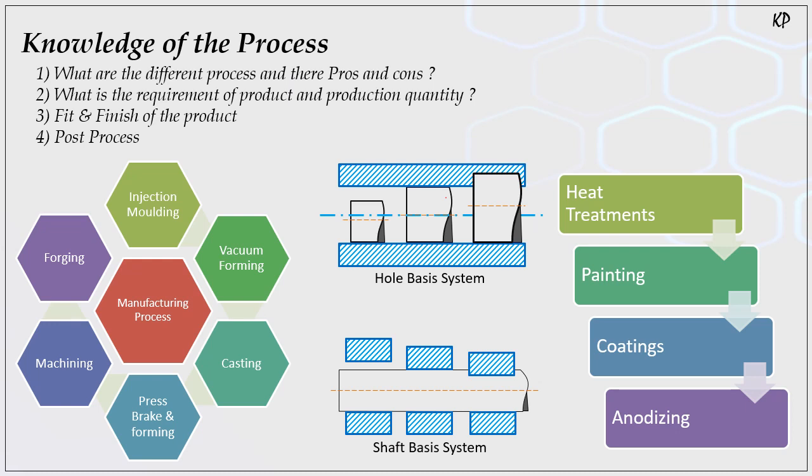These are the post processes you also have to define, so that including all these things you can calculate the cost of your product, and according to that you can shuffle these things. So these are the main three points which every mechanical design engineer has to understand before designing any product.